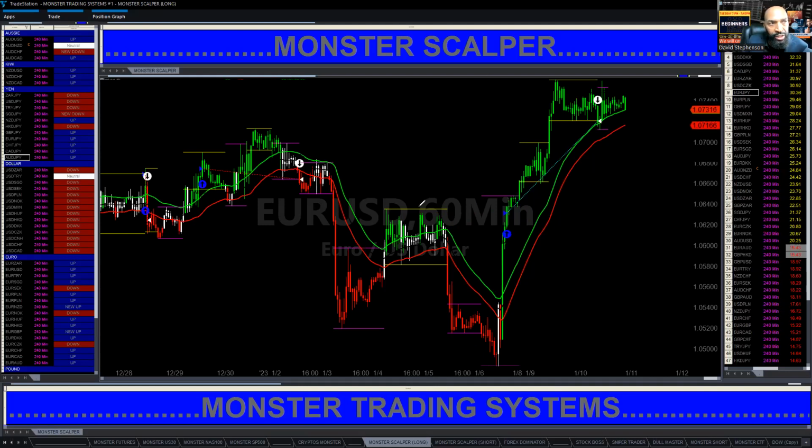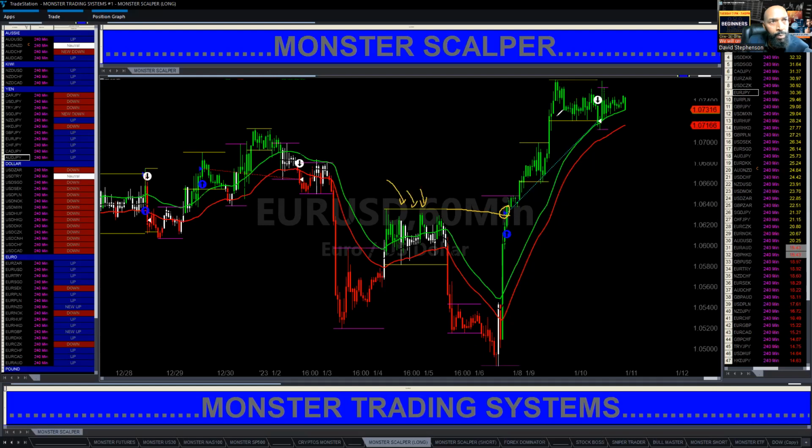Okay, so here is our resistance line right here. Remember, buy on the break of resistance, sell on the break of support. Buy on the break of resistance because the buyers are buying, not because we want to buy. Price broke resistance because buyers are jumping in, they're coming in. Right here was our buy signal.